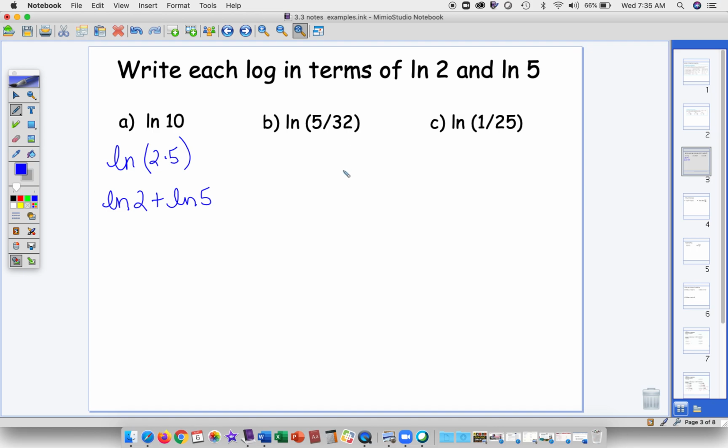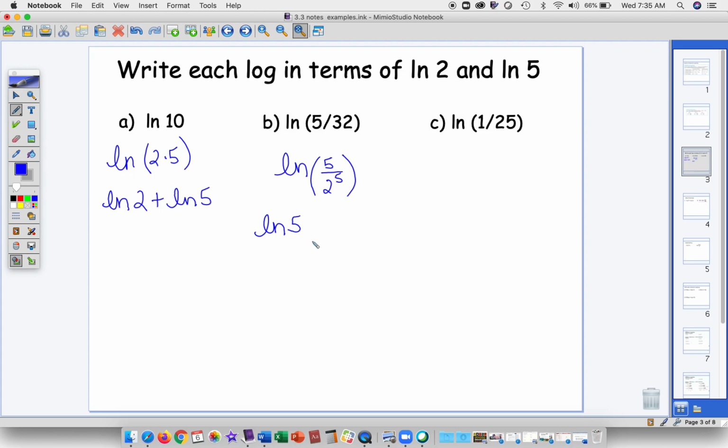Here we have 5 over 32. So I can think of that as the natural log of 5 over, think of 32 as 2 to the 5th power. Okay, so that's my fraction. So now I'm going to use the quotient property that turns this into a difference.